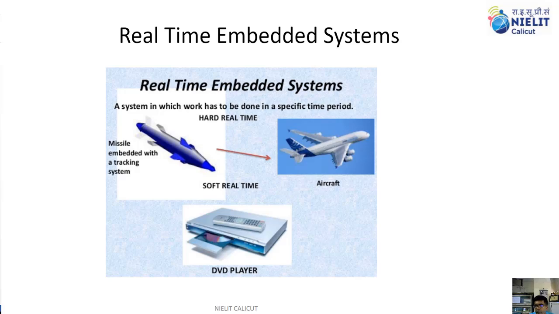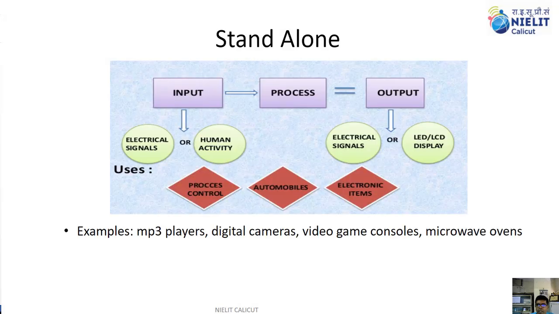If we miss the timing constraints, it will be catastrophic and a system failure will happen. And similarly there are soft real time systems, such as your DVD players, etc., where the deadline is there but still it is not as hard as compared to the aircraft system.